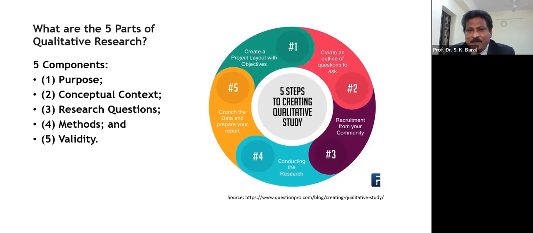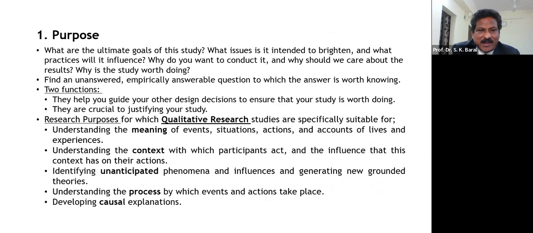We have to understand the objectives, how to frame questions, the community, the research methods, and how the data will be collected and interpreted. If you understand these 5 components, it will be much easier to write a paper on the basis of qualitative research.